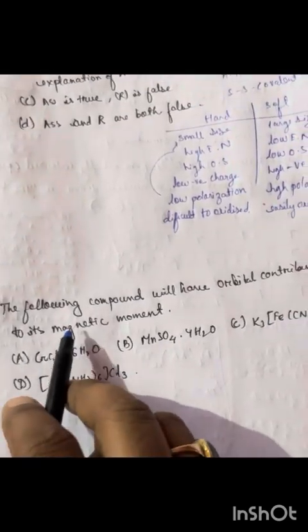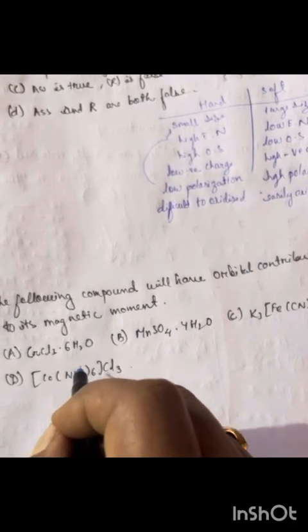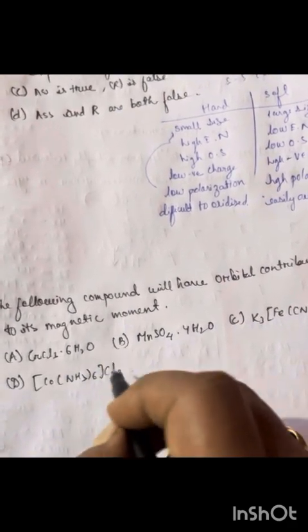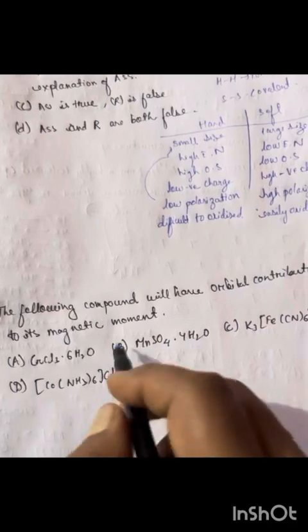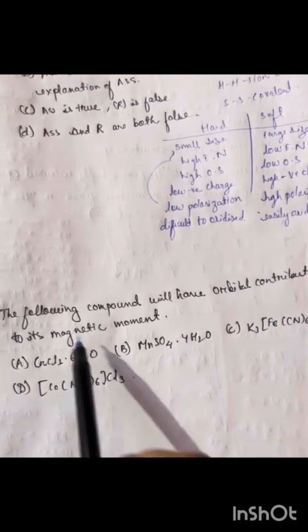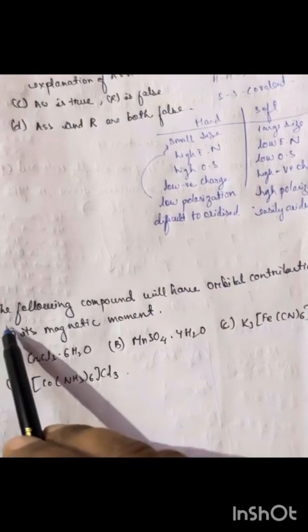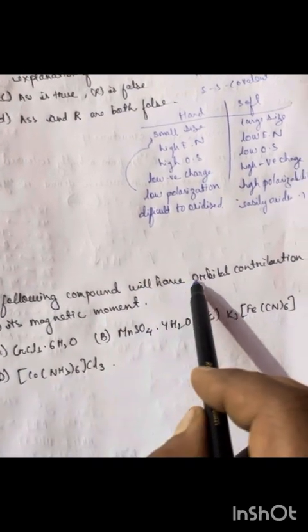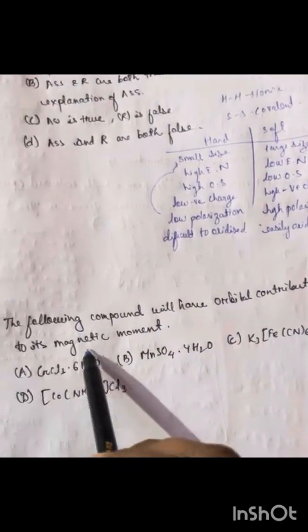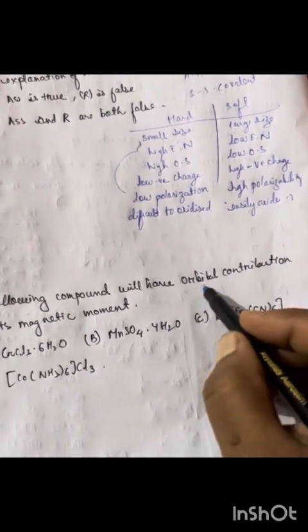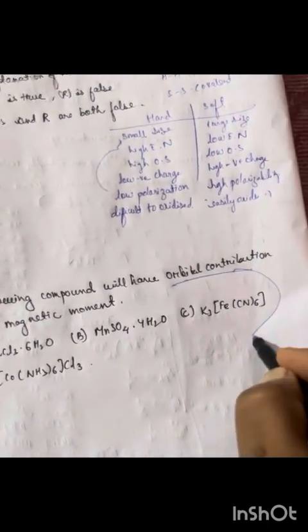Now as you see, very important, this was already asked in this year 2026 SLET, on the nickel complex, right? See, similar topic. The following compound will have orbital contribution to the magnetic moment is. Now orbital contribution, you should know how you will know.